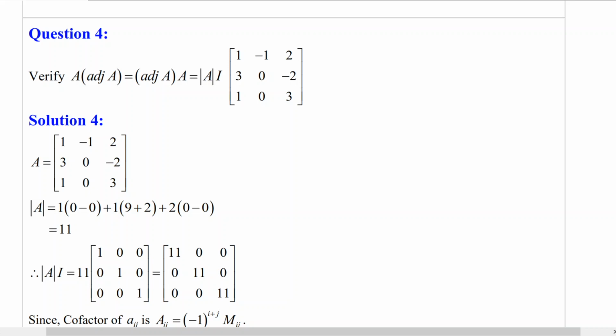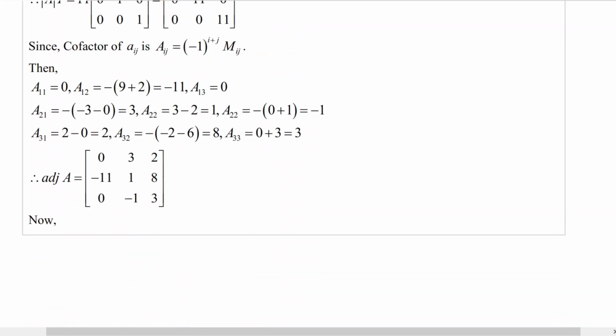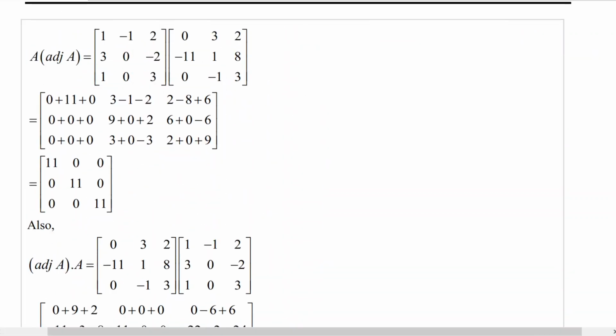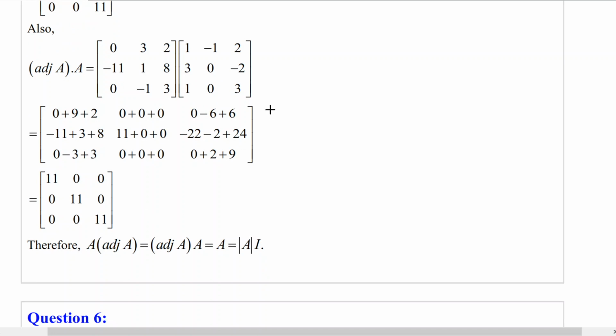Just pause it and see the solution. Right. So I'll not explain it. Let us move to the next question. Right. So for a 3 by 3 matrix also, A into adjoint A is always equal to determinant A into I.